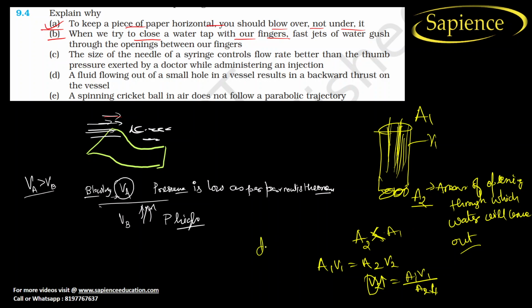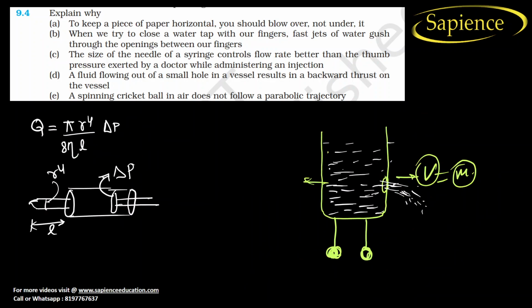So due to the equation of continuity, we can infer that a1 v1 is equal to a2 v2. Hence velocity v2 is very high. I hope you have understood this part b.